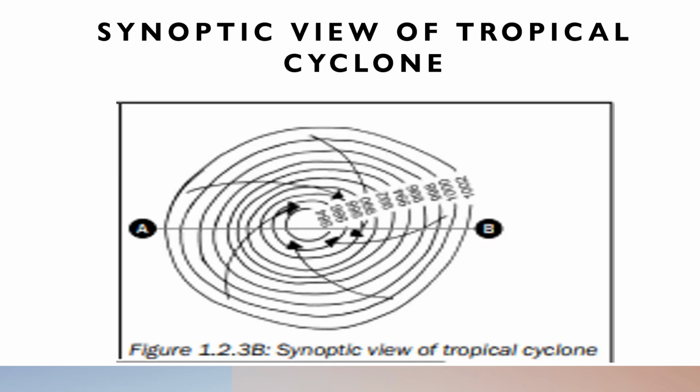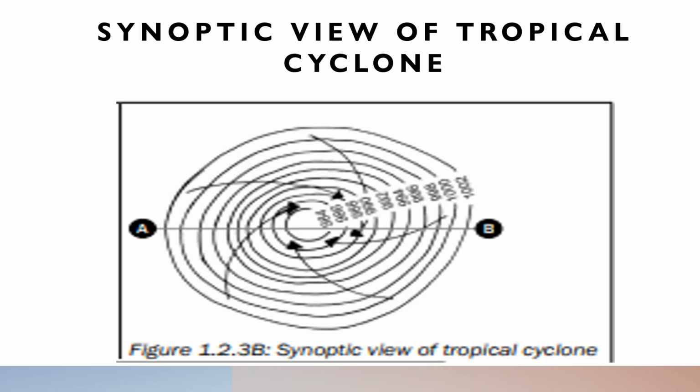Okay, now we are going to look at the synoptic view of a tropical cyclone. My picture was not that clear, but you can see that there are isobars around the system. The arrows indicate the airflow.